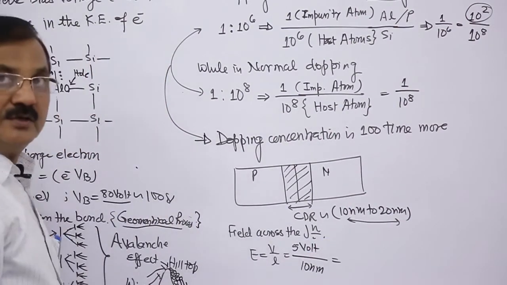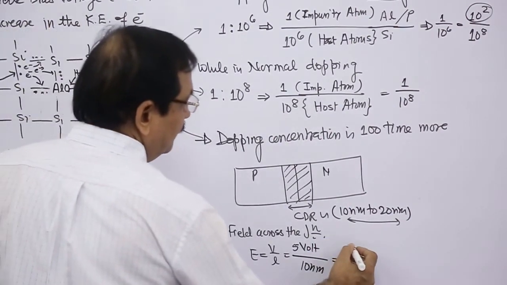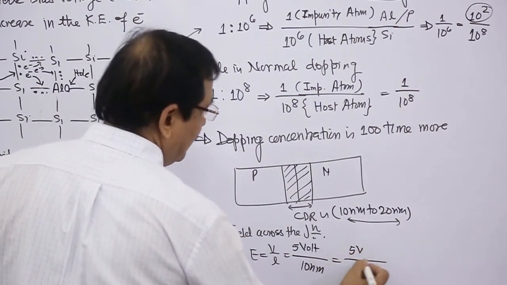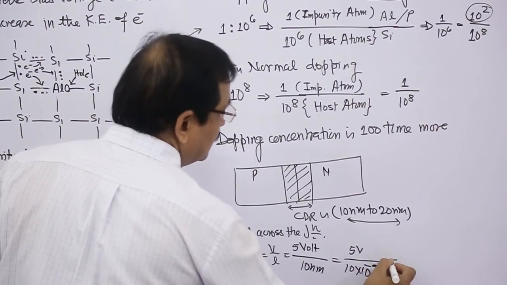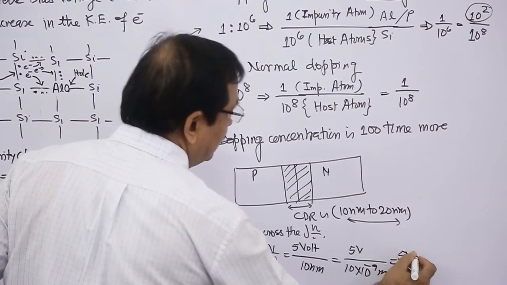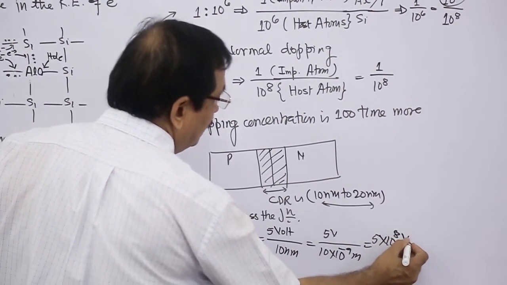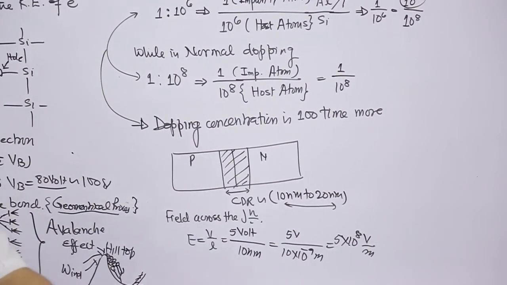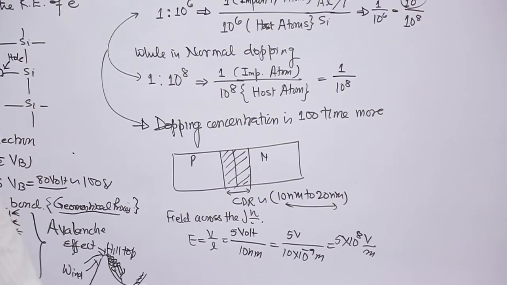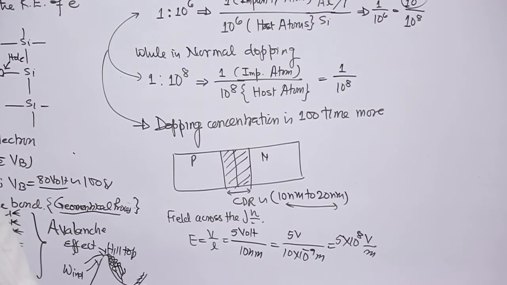So, what is the value? 5 volt upon 10 into 10 to the power minus 9 meter. So, this is 5 into 10 to the power 8 volt per meter. 5 into 10 to the power 8 volt per meter means 5000 megavolt per meter.